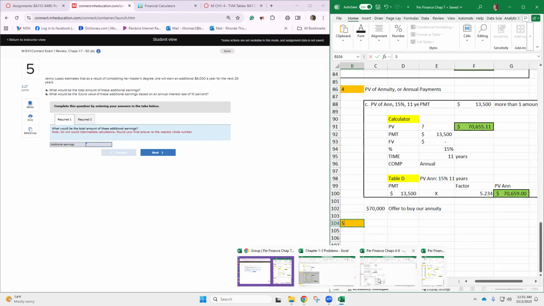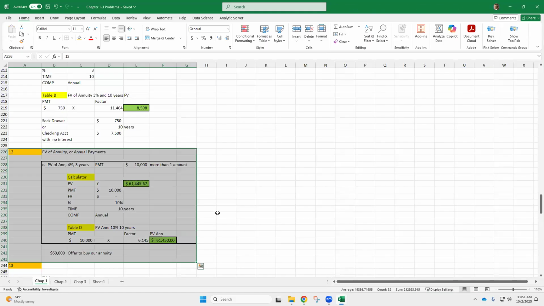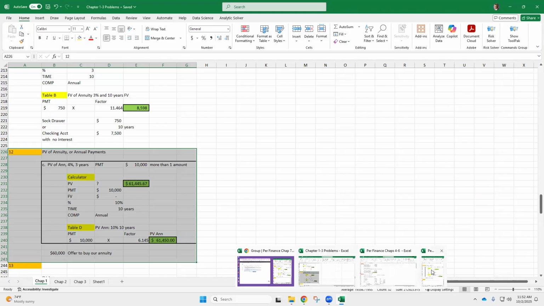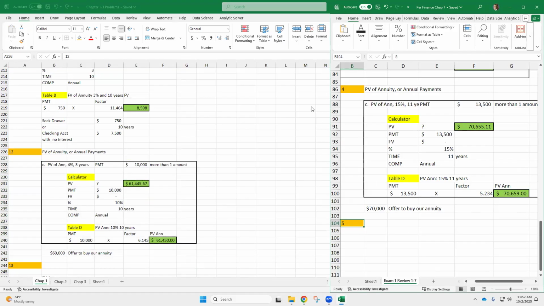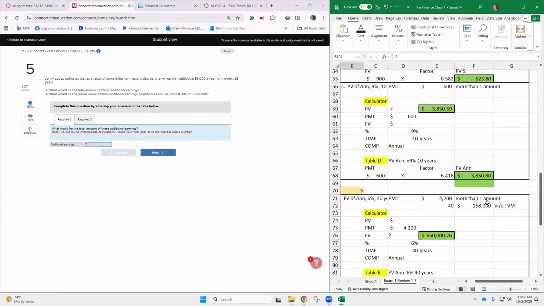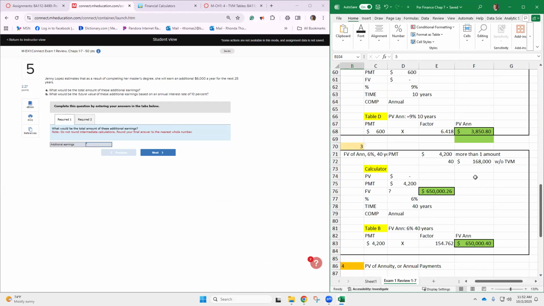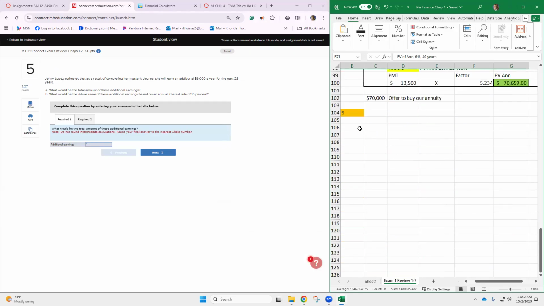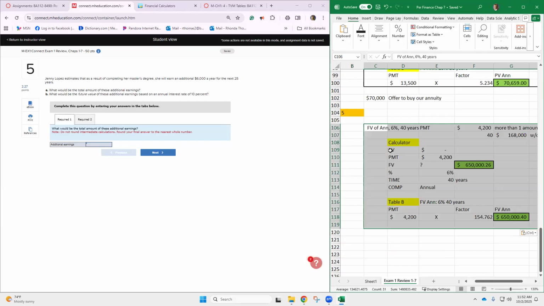Stand by. I'll grab this from my chapter 1. Actually, nope, I think I'm okay on time value of money. I need the future value of an annuity, that's all I've got to copy. So let me put this in for this one. Future value of an annuity.